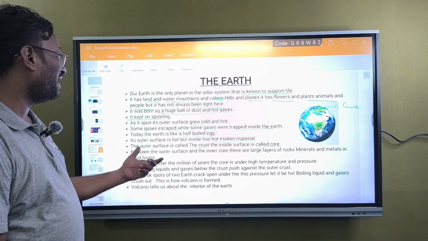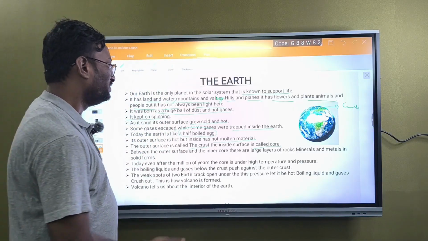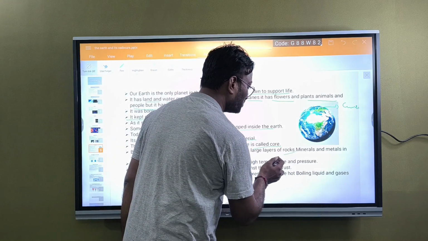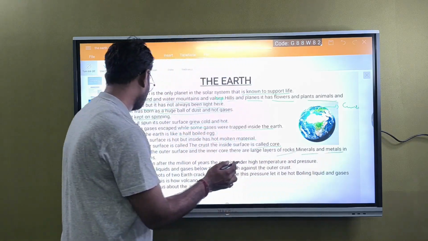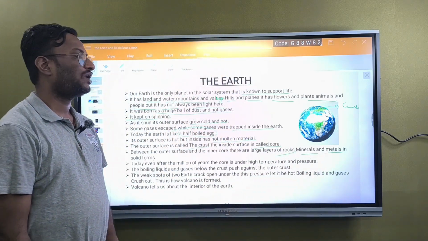Between the outer surface and the inner core, there are large layers of rocks, minerals and metals in solid form.